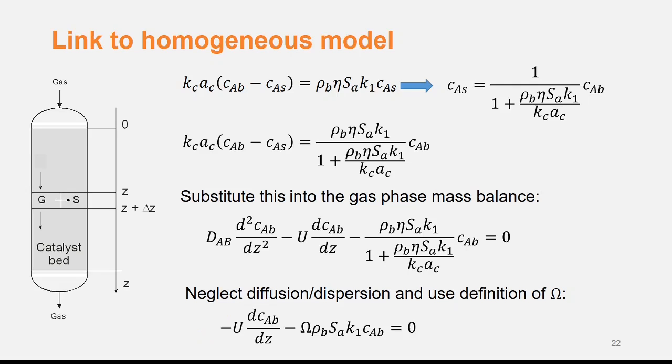It may not always be possible to combine the equations for the gas phase and the solid phase in this way. For example, if it's not at steady state. In that case, the two equations have to be solved simultaneously.